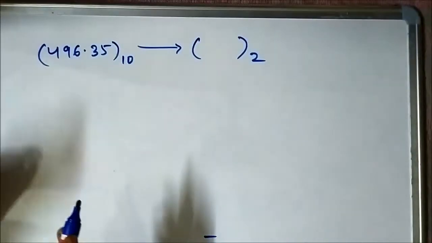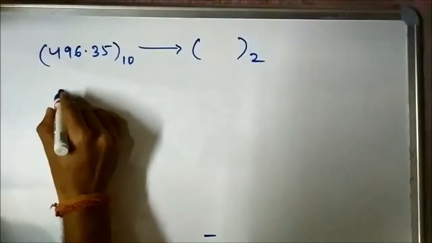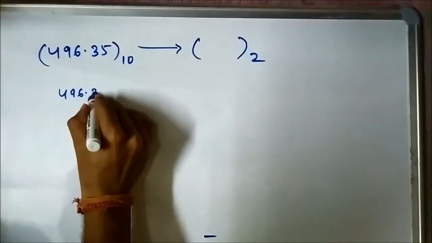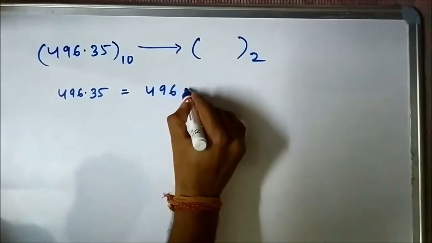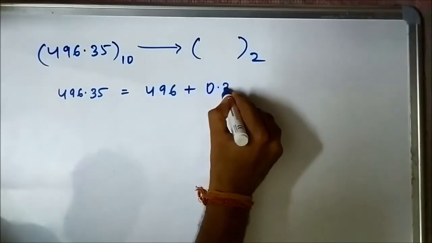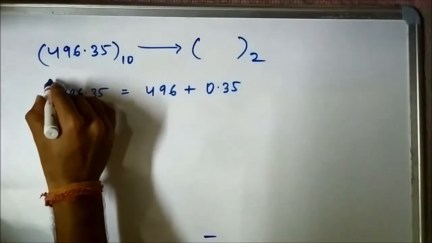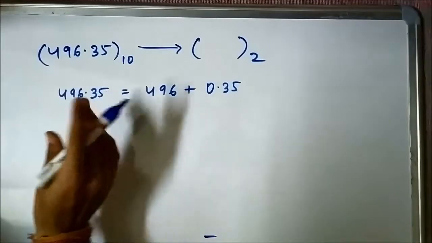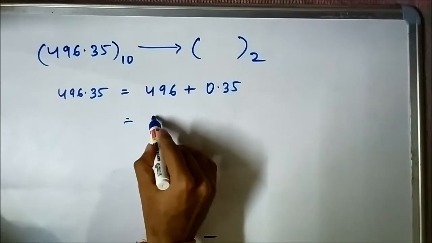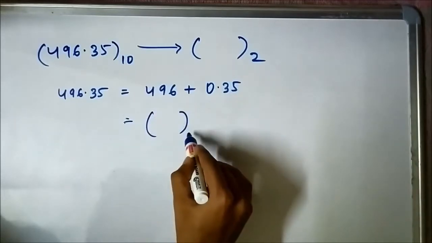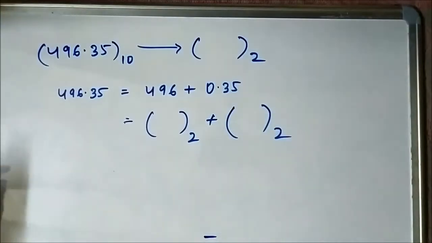For that, we have to separate the whole and fractional parts. 496.35 can be written as 496 plus 0.35, and we have to deal with them separately. The binary representation of 496.35 is the binary representation of 496 plus the binary representation of 0.35.